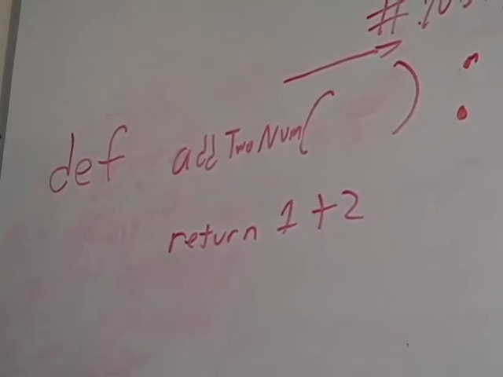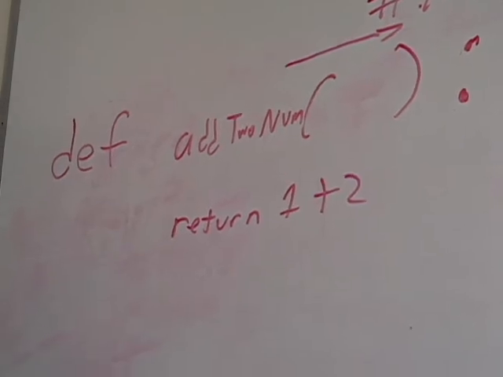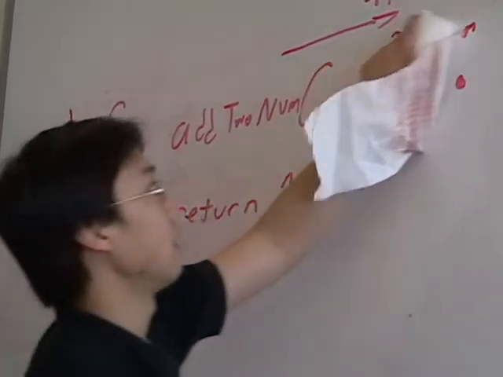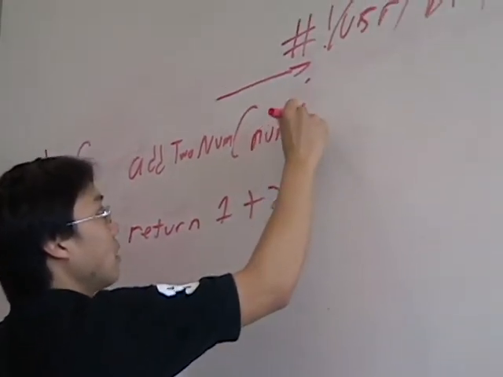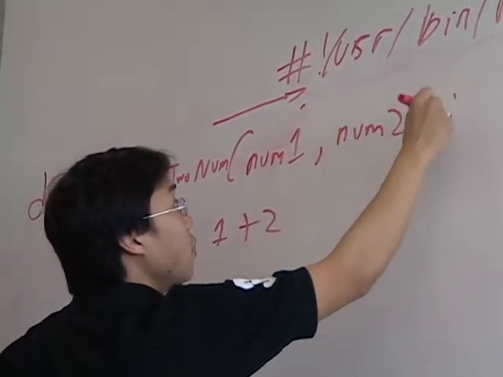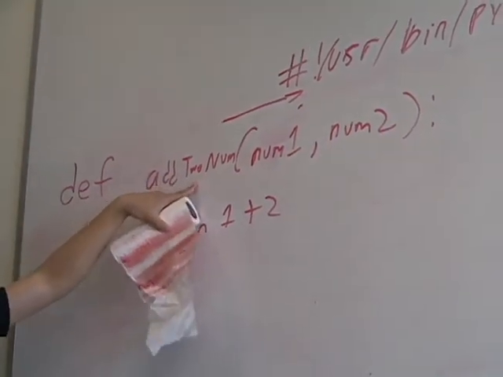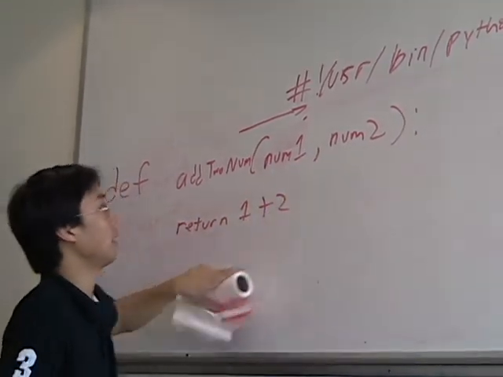But if you want to add 2 numbers that you want to give, you have to specify arguments. So num1, comma, num2. If you want to add 3 numbers, that's very straightforward: num1, comma, num2, comma, num3.